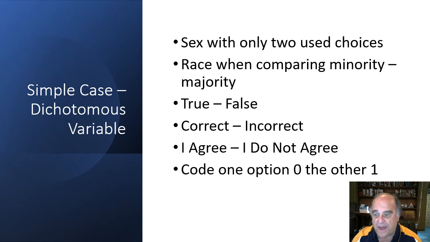Or if we're looking at politics and we again reduce it to 2 groups, Democratic, Republican, leaving out independent, etc. As long as it's a dichotomous variable, only 2 options, we can code one option 0 and the other option 1. And that's all really the dummy coding is. Of course, in the case of a dichotomous variable, it's the simplest.